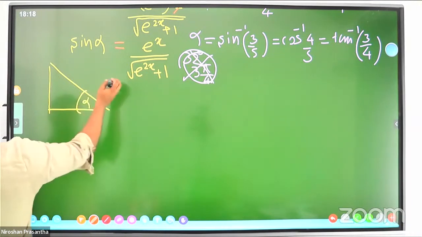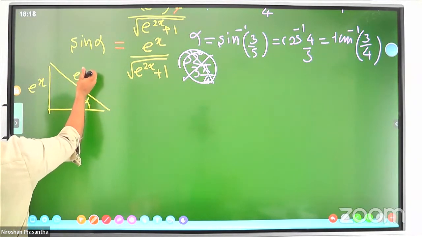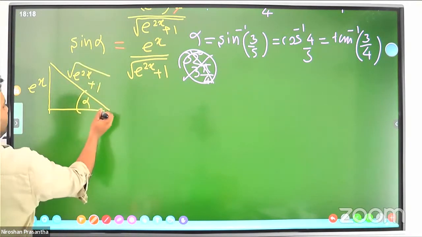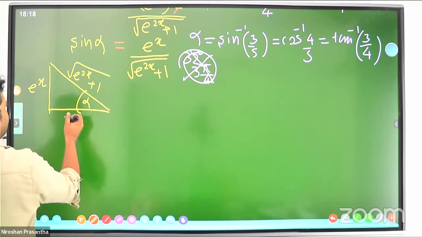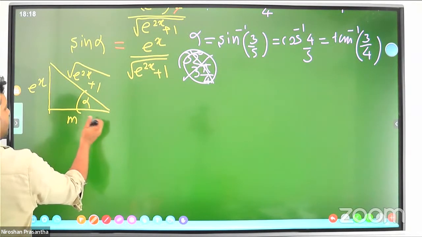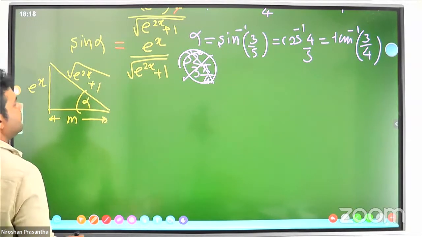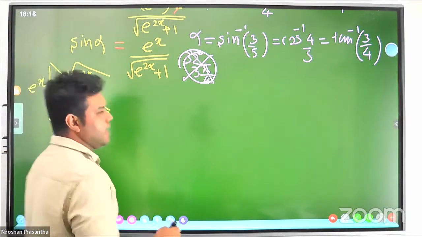With angle alpha, the opposite side is e to the x and the hypotenuse is the square root of e to the 2x plus 1. We have to find this distance, let's say m. Now, how do we find m?